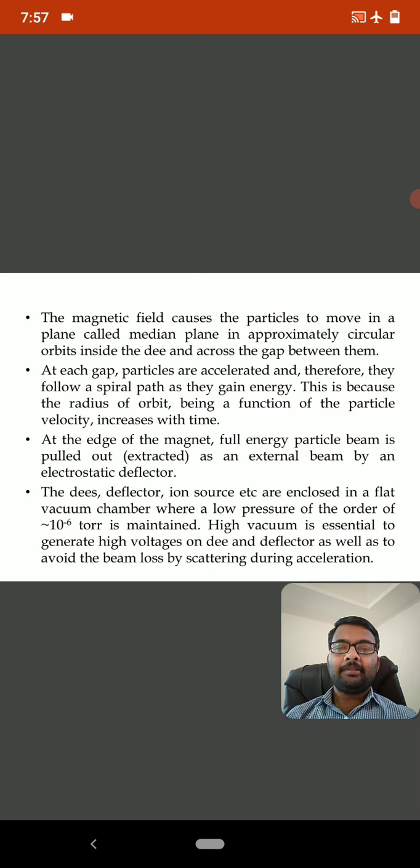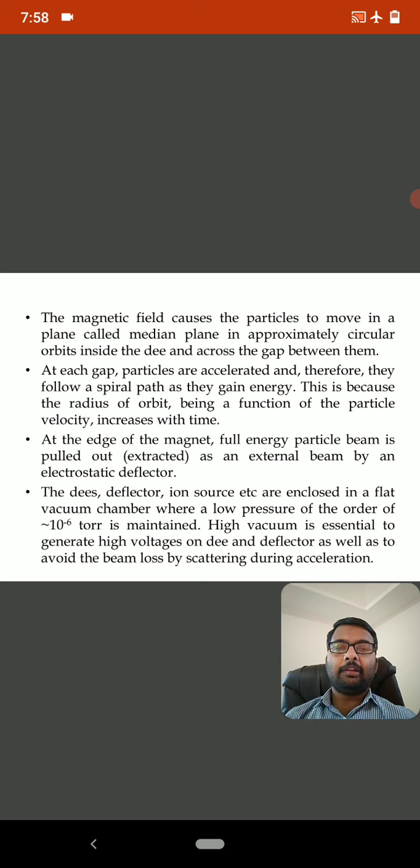So all these components, that is the two electrodes D's, the deflector which helps to extract the high energy beam, and the ion source located at the center between these two D's, are enclosed in a flat vacuum chamber where a low pressure of the order of 10 raised to minus 6 torr is maintained. So why is this low pressure or high vacuum required?